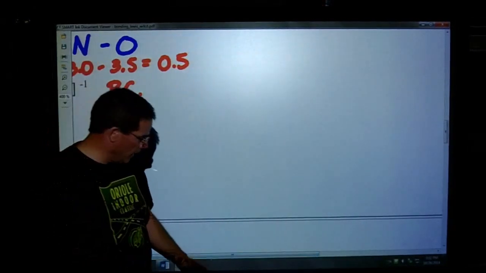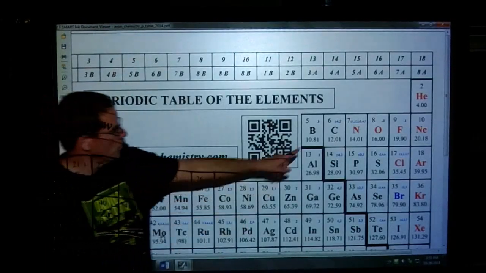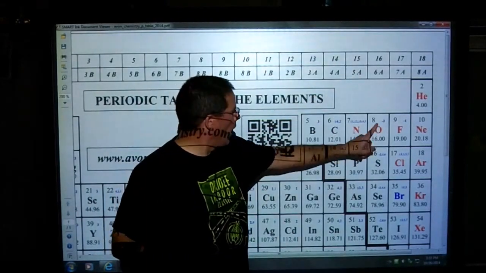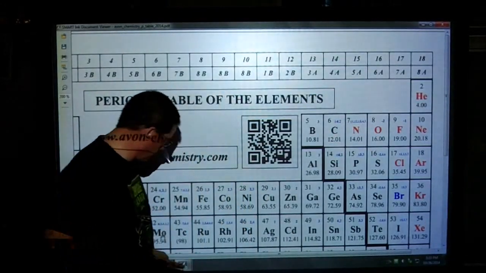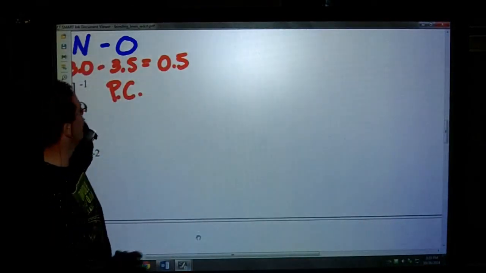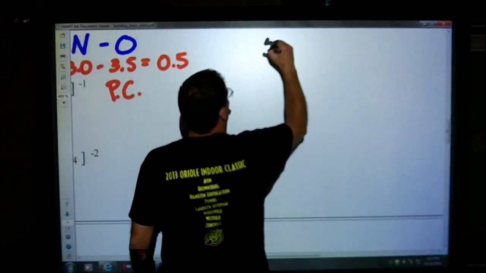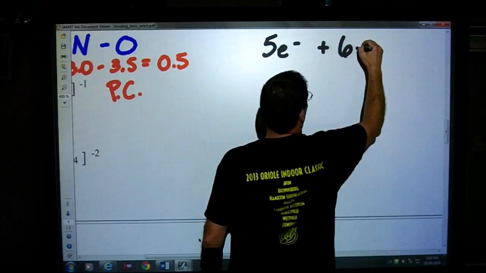Next thing we want to do is find out how many total electrons this is bringing along. So nitrogen has 5, oxygen has 6. Did I do those values right? Yeah, those values are right. So we have 5 electrons plus 6 electrons.